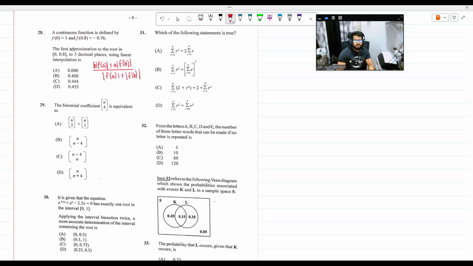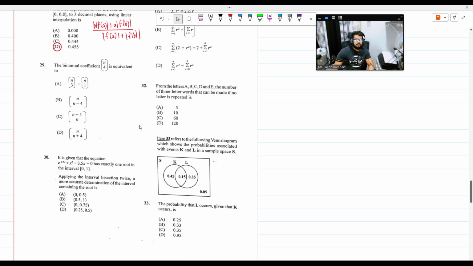So it's your job to now plug in. This is a, this is b. 1 is f of a, negative 0.76 is f of b, so the modulus of f of b is positive 0.76. When we work this out, we will get 0.454545, and to 3 decimal places, it's 0.455.